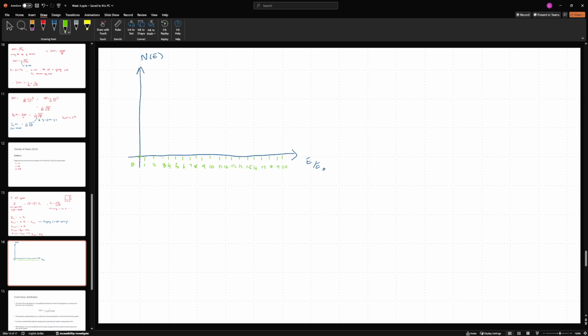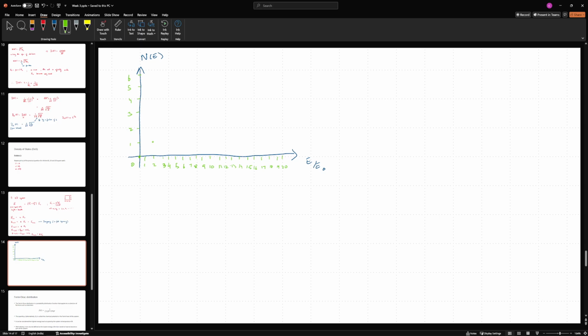So, of course, less than 2 E naught, and this is going to be half and half. So below 2 E naught, nothing is happening.